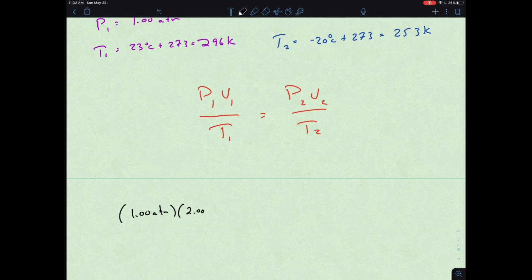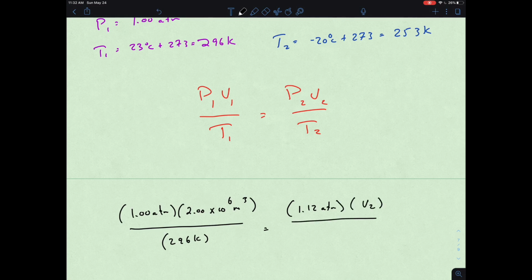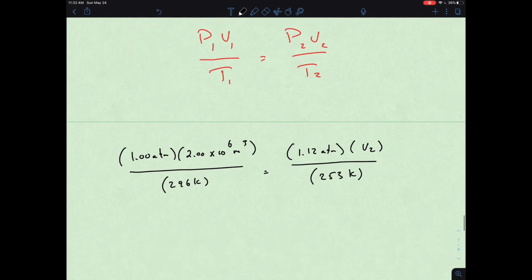We were at 2 times 10 to the 6 meters cubed for our volume, and our temperature was 296 Kelvin. Our second set of conditions, the pressure increased to 1.12. We're trying to solve for that volume for the second set of conditions, and our new temperature is 253 Kelvin.